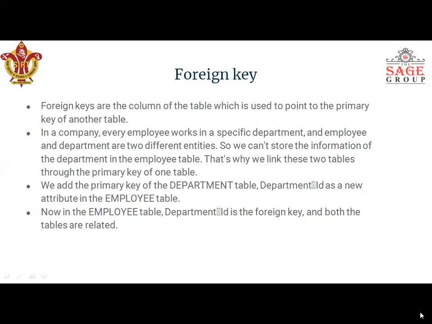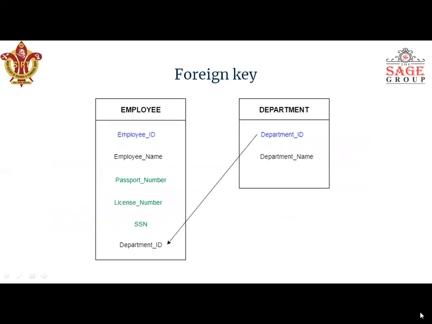For example, in a company, every employee works in a specific department, and employee and department are two different entities. So we cannot store the information of the department in the employee table. That's why we link these two tables through the primary key of one table. In this example, we have two tables.